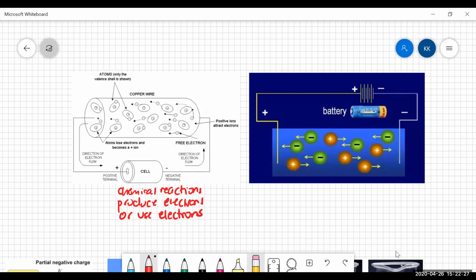When the electrons are produced, we get the electrons coming out of the negative terminal of the battery and flowing along the wire. The reaction that uses electrons is going to cause electrons to get sucked into the positive terminal of the battery.